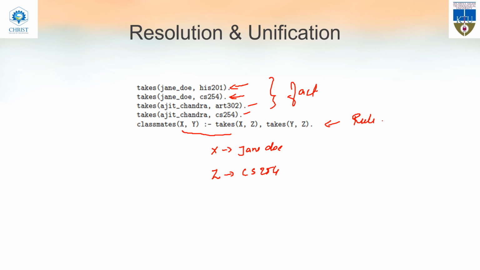Okay, so if X is J Indo and set is CS254, then you can see that this will turn to be classmate(set X is J Indo), so this is J Indo, comma, Y is takes of X, that is J Indo, comma, CS254, which is the set.